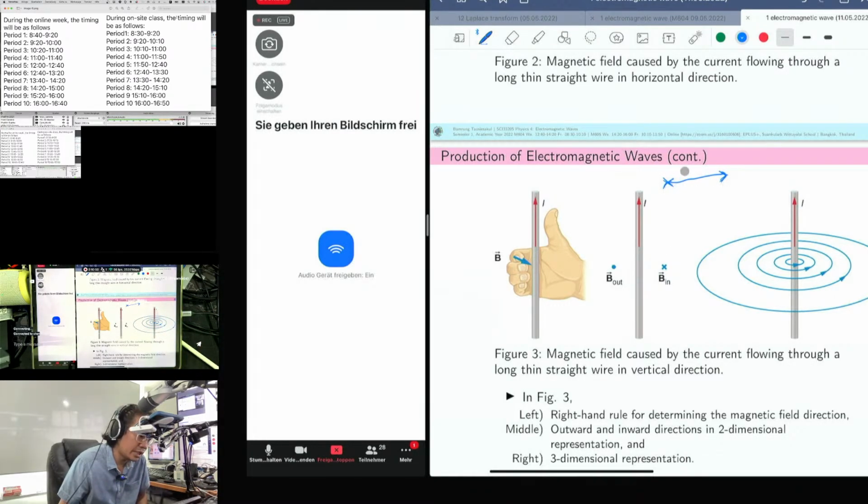When the arrow is pointing into the plane, what we can see is only the rear part, which is the X sign or the cross symbol right here. It means the arrow that represents the direction of the magnetic field is pointing into the plane.